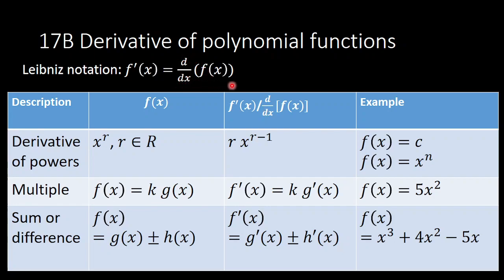How you read this is also what the CAS calculator uses: d over dx is the derivative in terms of x of that function f of x. Because a variable is not necessarily labeled x, it could be y, it could be t. The Leibniz notation allows you to be very specific when you find the derivative of a function in terms of a specific variable.